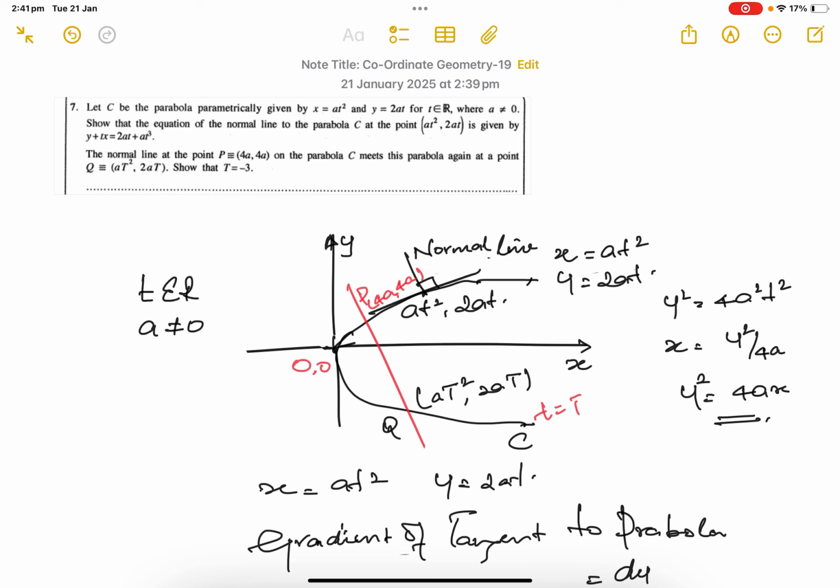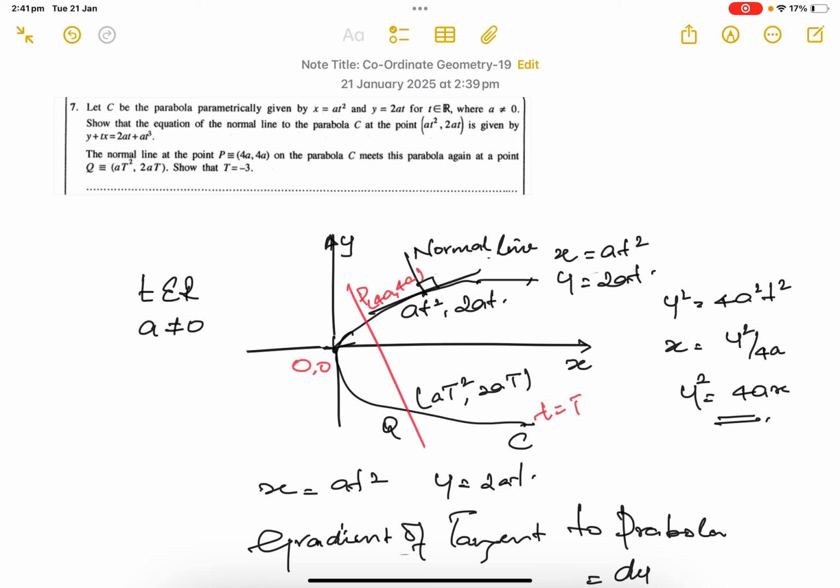We know the parametric equations x equals at squared, y equals 2at. If I square y, y squared equals 4a squared t squared, but x already has t, so we're just trying to get t squared into y as well. So y squared equals 4a squared t.